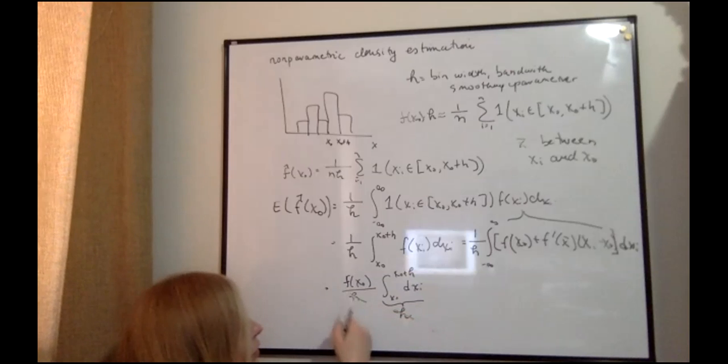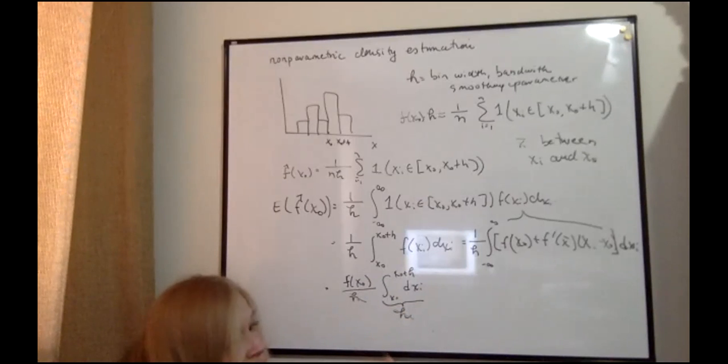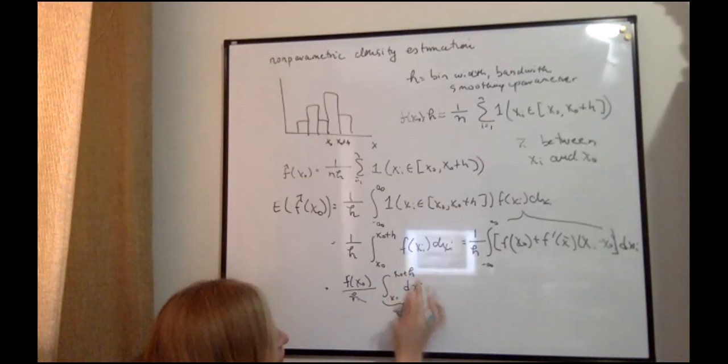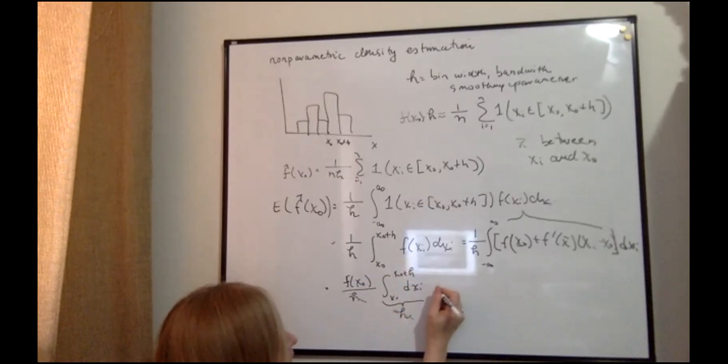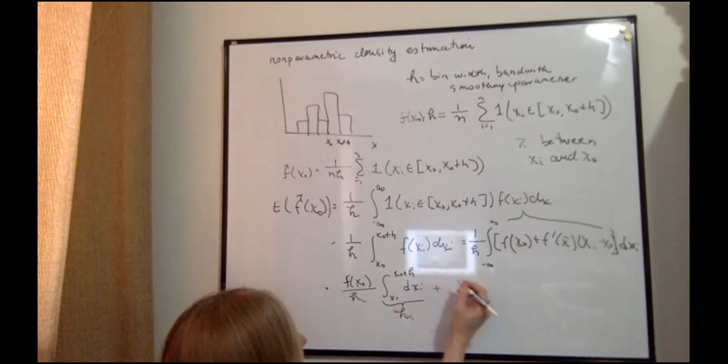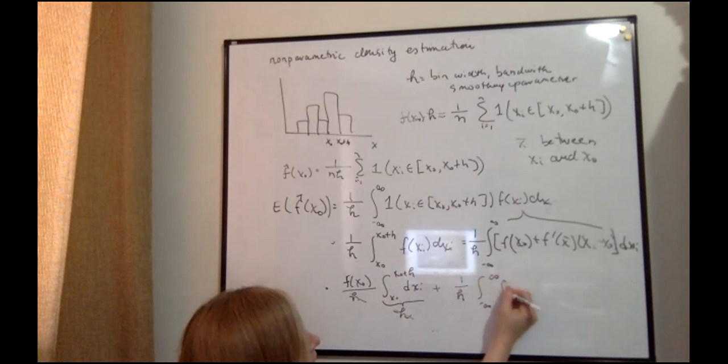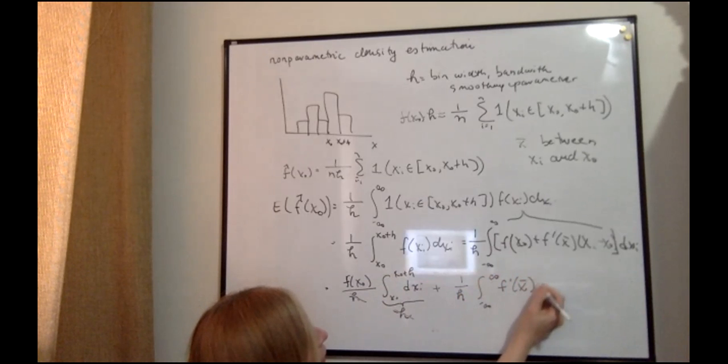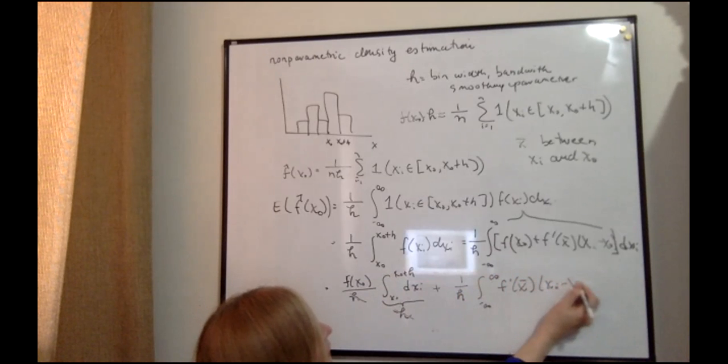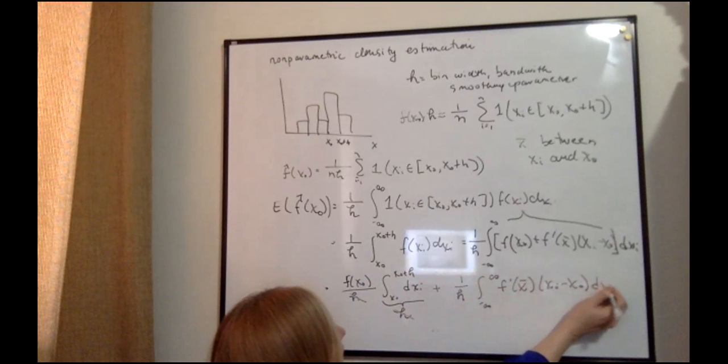So the leading term is f of x naught. Then for the next term, we have 1 over h times this integral times f prime of x bar, xi minus x bar, dxi.